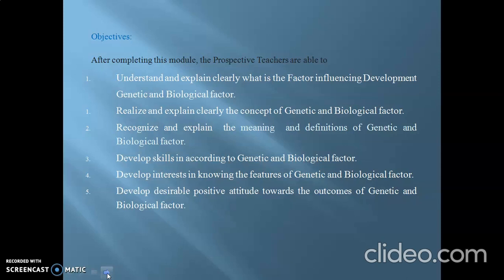Develop interest in knowing the features of genetic factors and biological factors. Develop a desirable positive attitude towards the outcomes of genetic and biological factors.